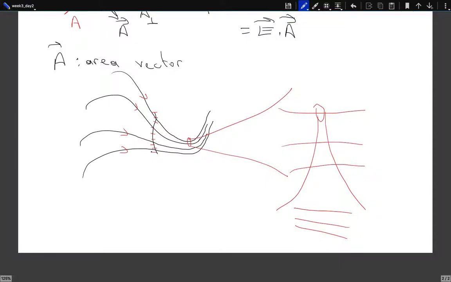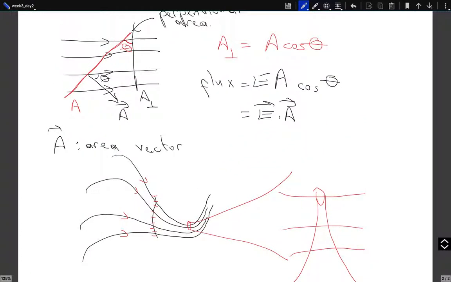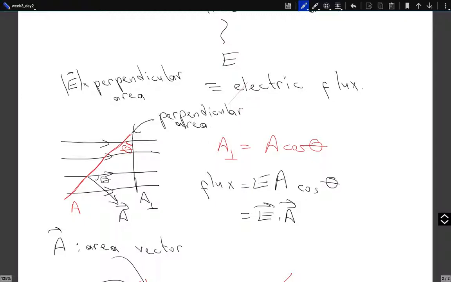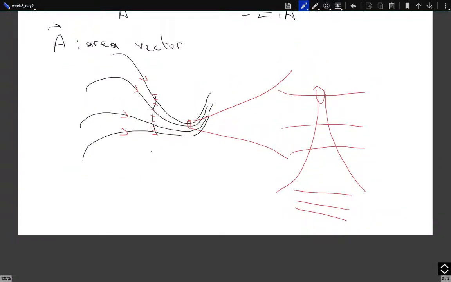Within each one of these very small areas, the electric field lines are parallel. But if the electric field lines are parallel within that very small region, I can use this expression. But the A will be a very small area. So the flux passing through one of those segments will be just E dot dA.